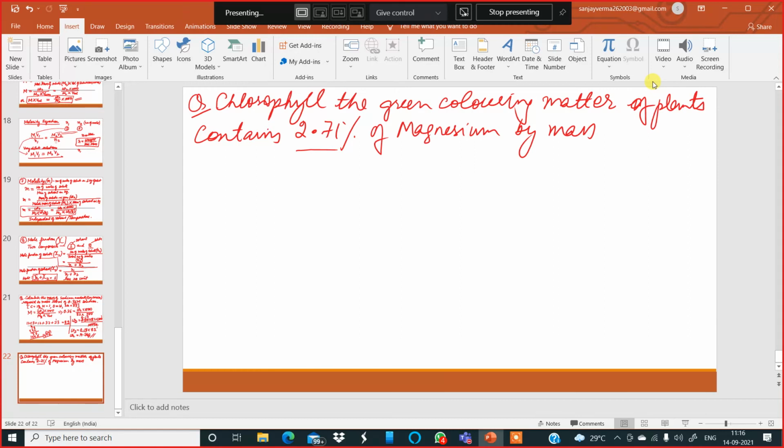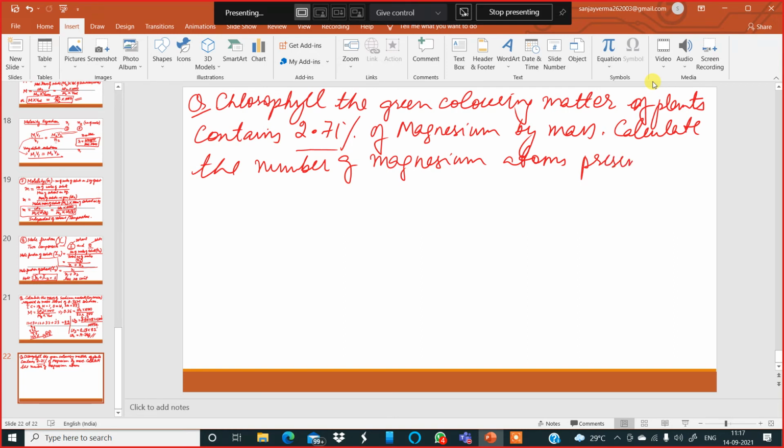Now we are asked to calculate the number of magnesium atoms present in, let us take, 3.50 grams of chlorophyll.